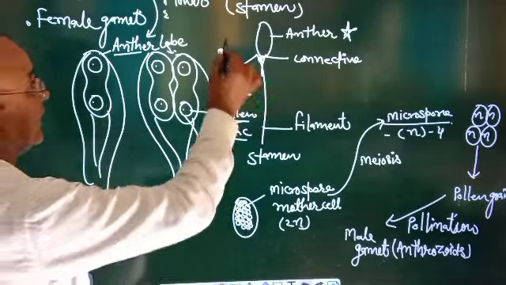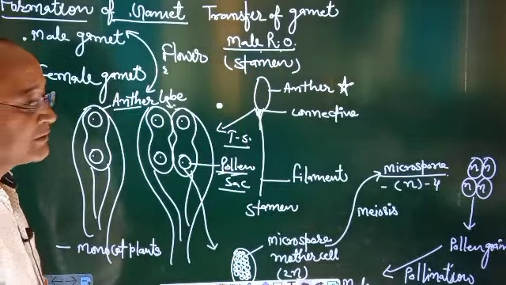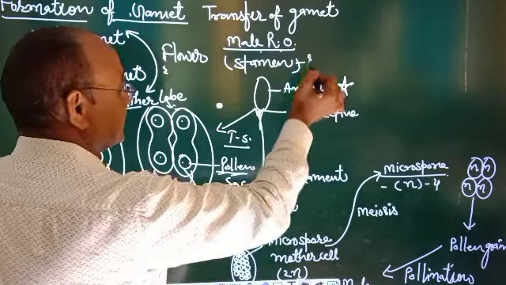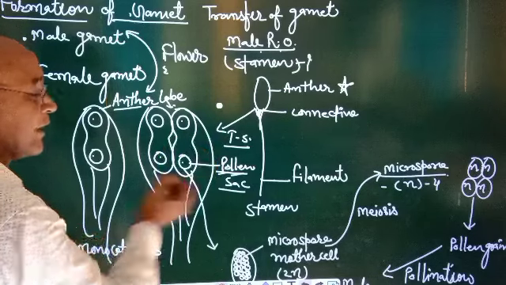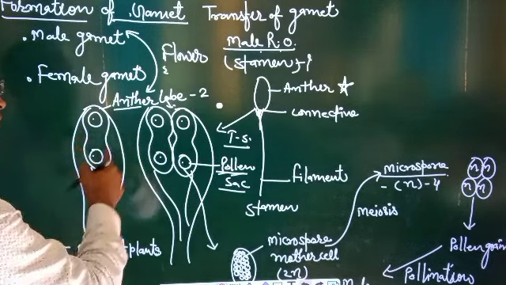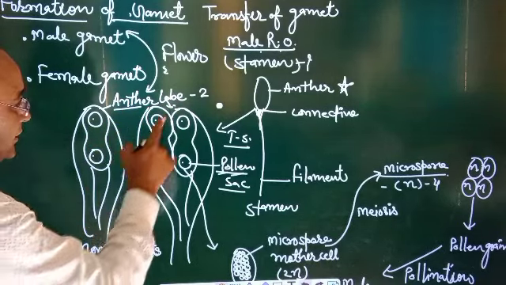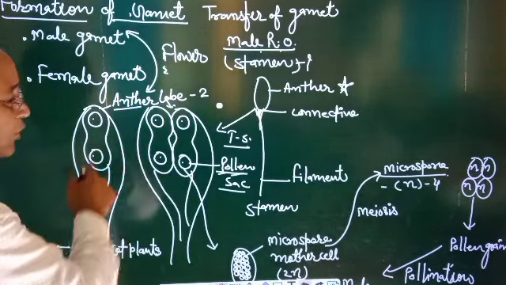So here is the objective question. One is give the name of male reproductive organ. Your answer is stamen. Second, how many anther lobes are present in dicot plant? Your answer is 2. In monocot plant, only 1 anther lobe is present. This type of anther is called dithecous and monothecous.